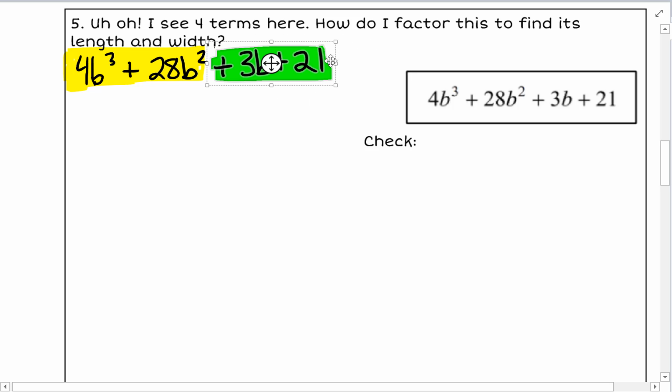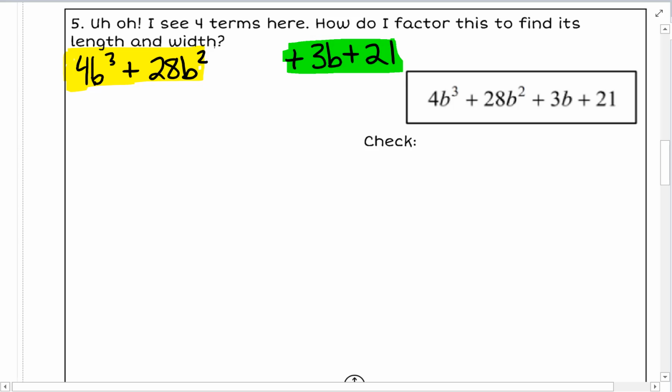So it's as if we're going to put that piece on hold and just look at 4b cubed plus 28b squared. Can you find the GCF? When I expand the variables, I get 4 times b times b times b. This one is 28 times b times b.